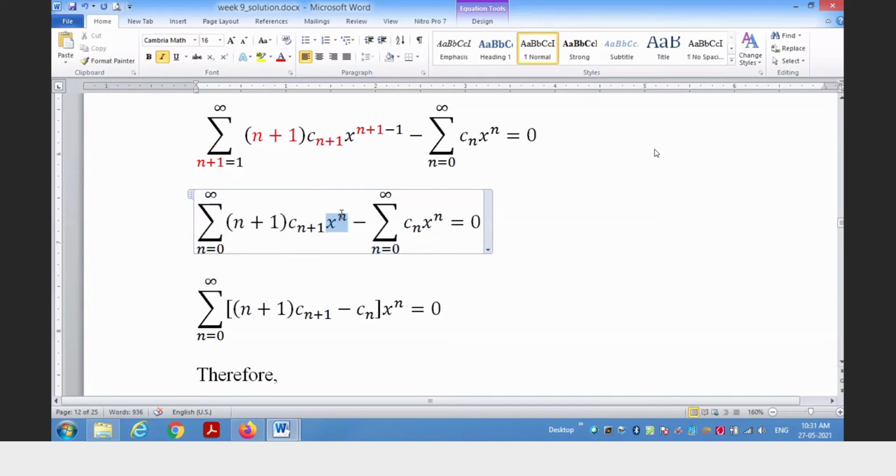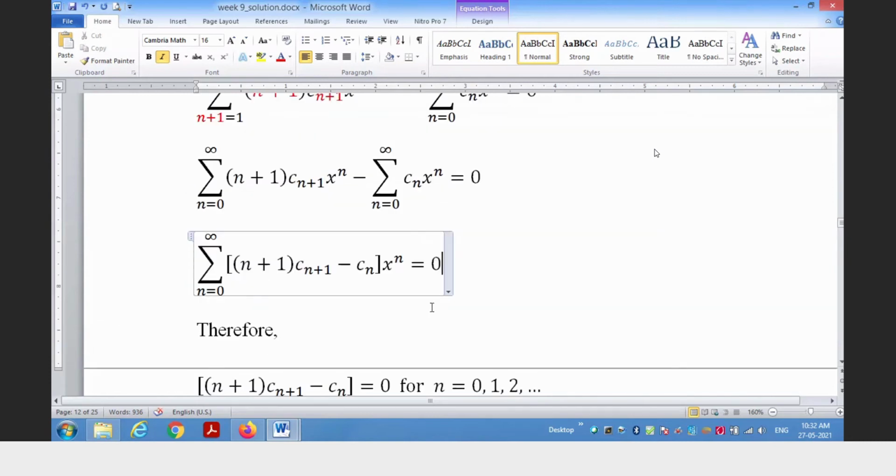Since the power and the index start the same, we can combine them. The coefficient is (n+1) times c(n+1), and minus because of this, minus cn, everything times x^n, equal to 0.